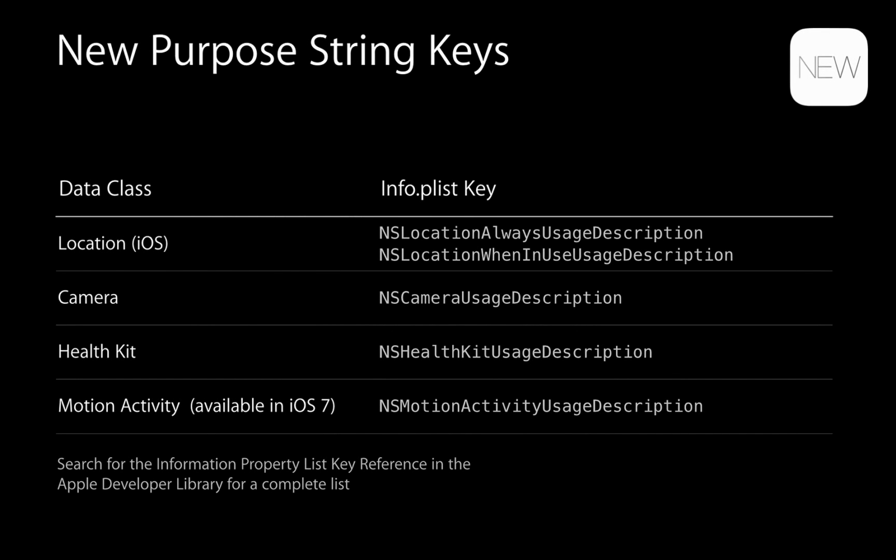Now, there are several new purpose string keys on iOS, including location, camera, HealthKit, and motion activity. The reason motion activity is listed here is because it was announced after WWDC last year. You can always find the full list of purpose string keys in the information property list key reference located on the Apple developer website.